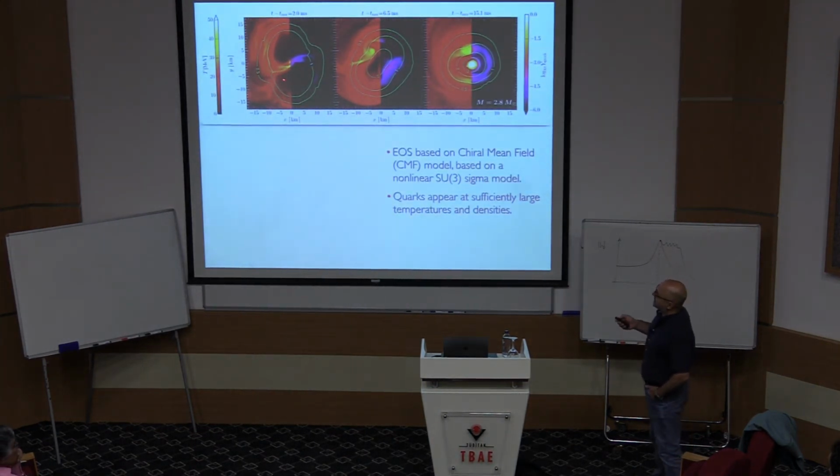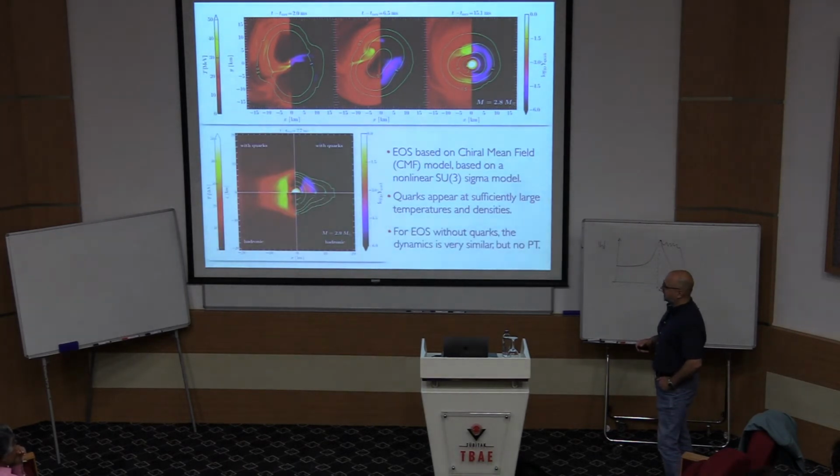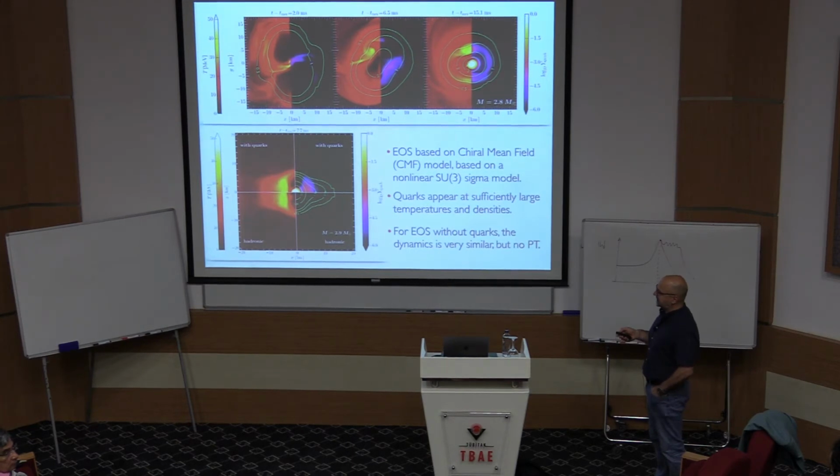Where there is a high temperature, there is also a high quark fraction, and this is very close to the collapse. There is a large quark fraction in the core. This takes away pressure, and you are doomed to collapse to a black hole. Because we can play with the quarks, switching them on and off, we can really see that the only difference in the dynamics is in the quark fraction.